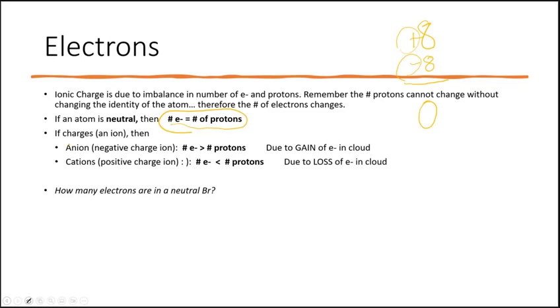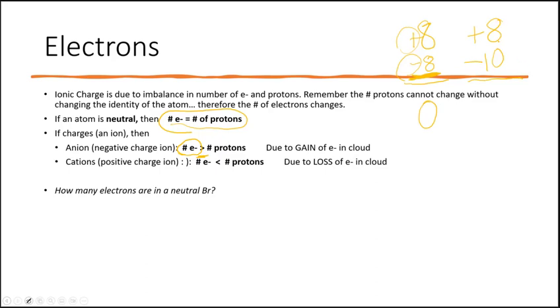If we have an imbalance, let's say I have more electrons than protons. Let's say I have 8 protons, and I have 10 electrons. Instead of 8 negatives, I have 10 negatives.